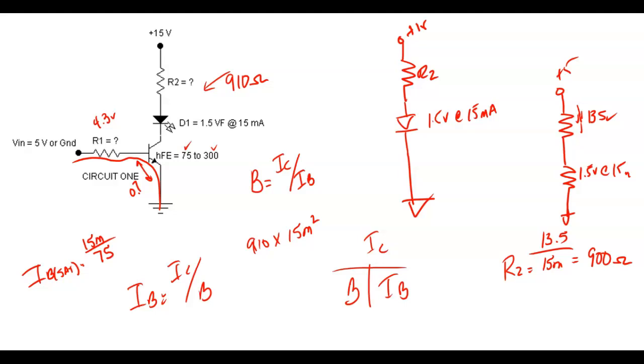So R is equal to V over I. So RB is equal to 4.3 divided by whatever this comes up and gives me. I didn't do the math. So what do we get for IB?